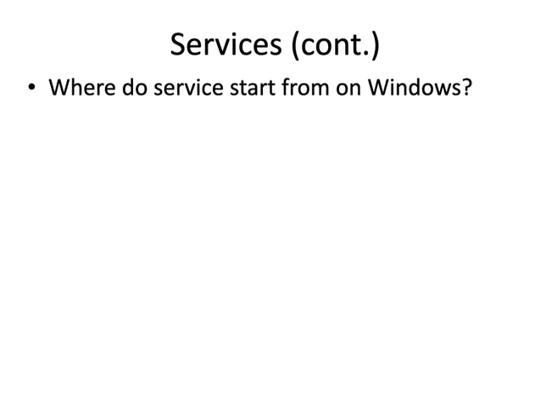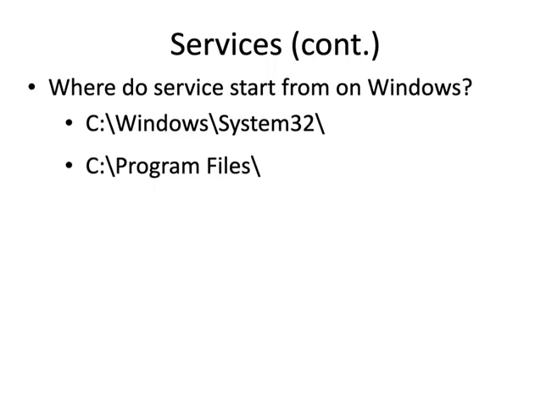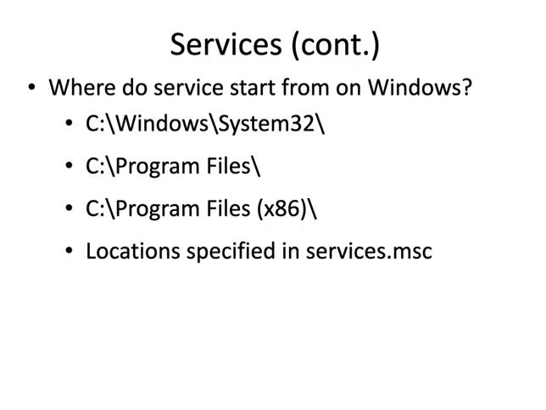For Windows, we kind of have the same thing. They can start from the System32 directory. They can be started from Program Files. They can be started from Program Files x86. And then you can specify other locations in the services applet as to where these services are starting from.